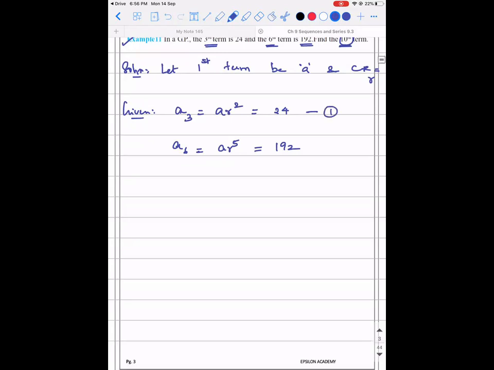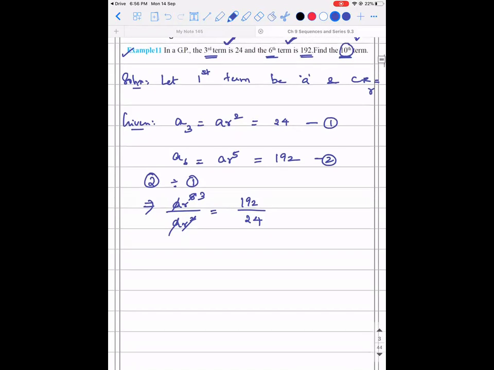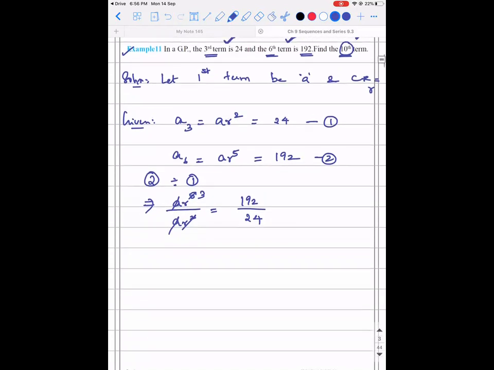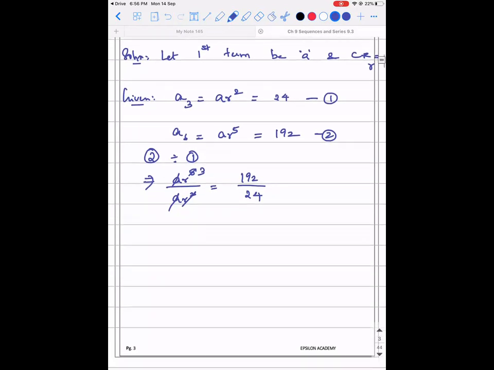So second equation divided by first equation will be AR power 5 divided by AR square, which is 192 divided by 24. Why dividing, sir? Because I want to eliminate A.